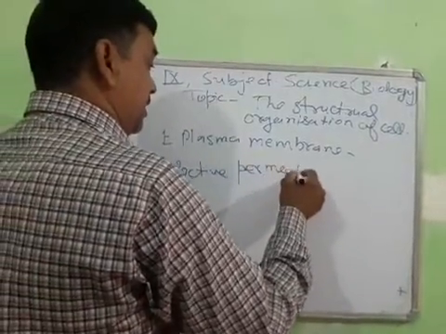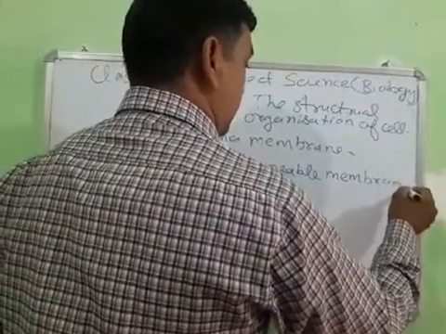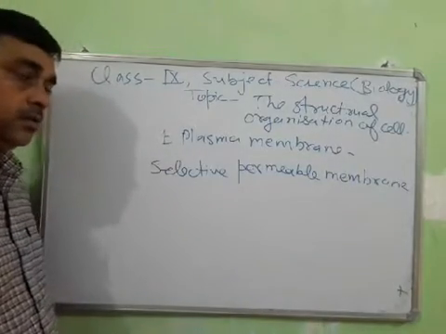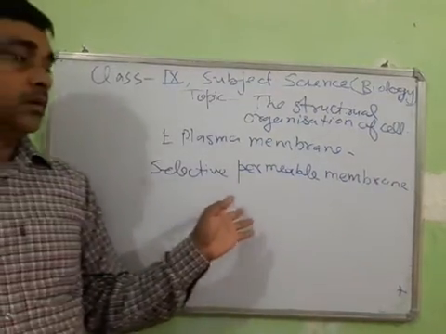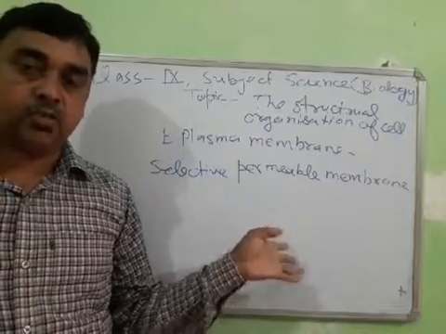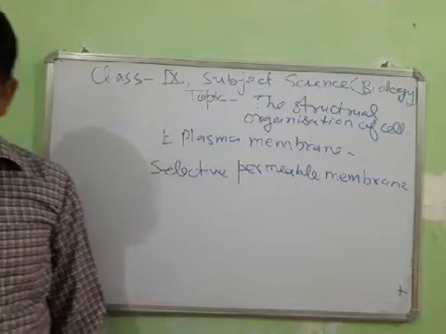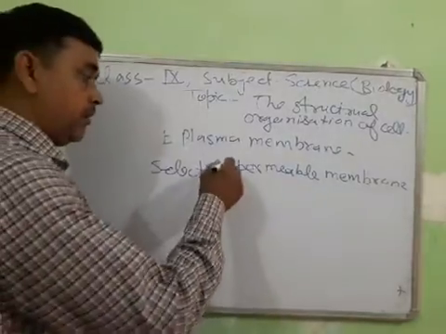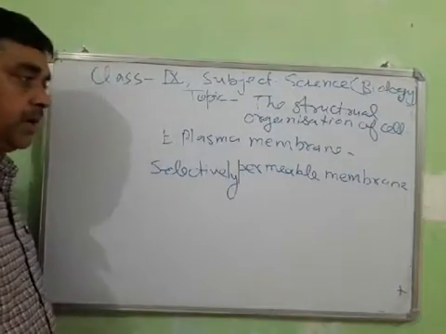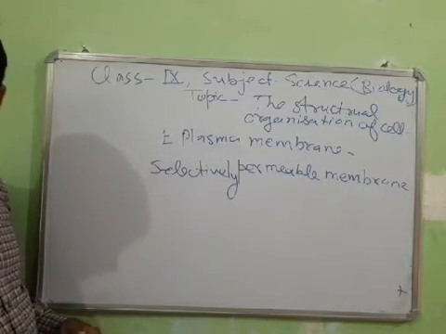It is permeable because it selects only the important particles to enter: gases, water, carbon dioxide, oxygen. Therefore the cell membrane is called a selectively permeable membrane, or semi-permeable membrane.